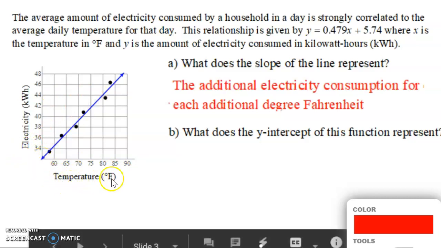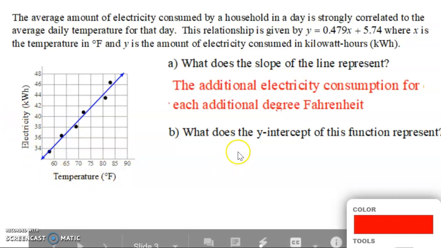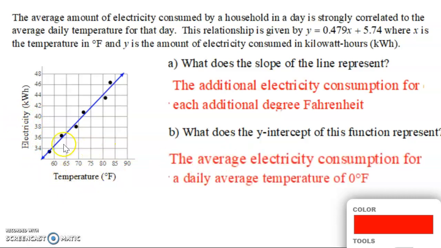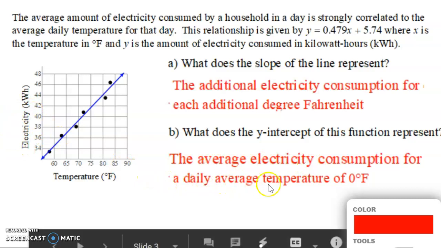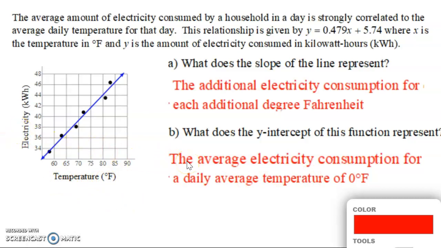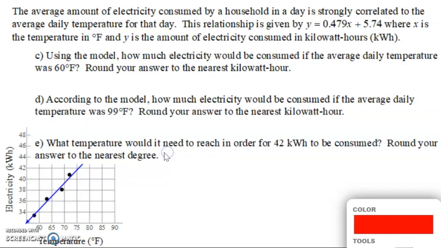So we are talking about the y value when x is 0. That means the average electricity consumption for a daily average temperature of 0 degrees. So when x is 0 degrees, what is the electricity consumption? That's what the y-intercept is telling us.